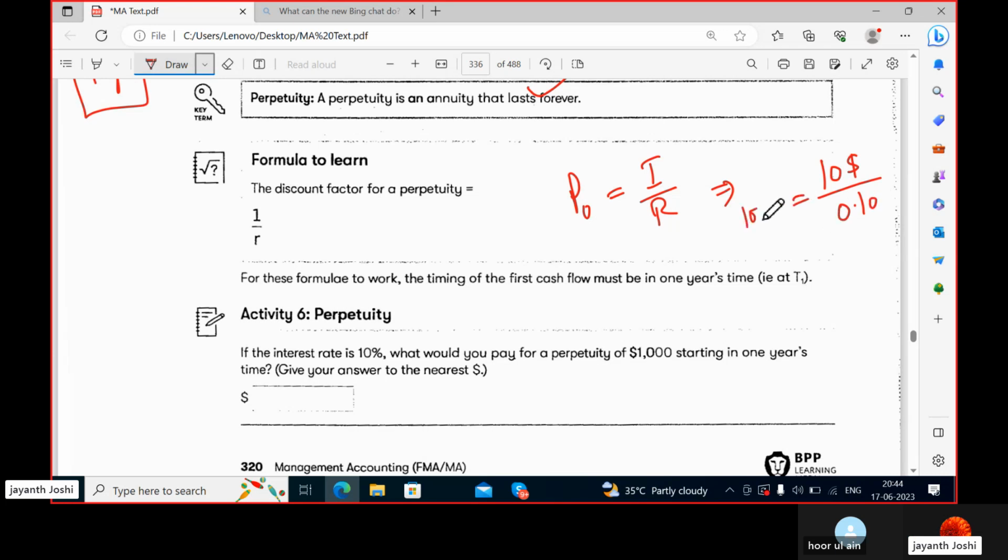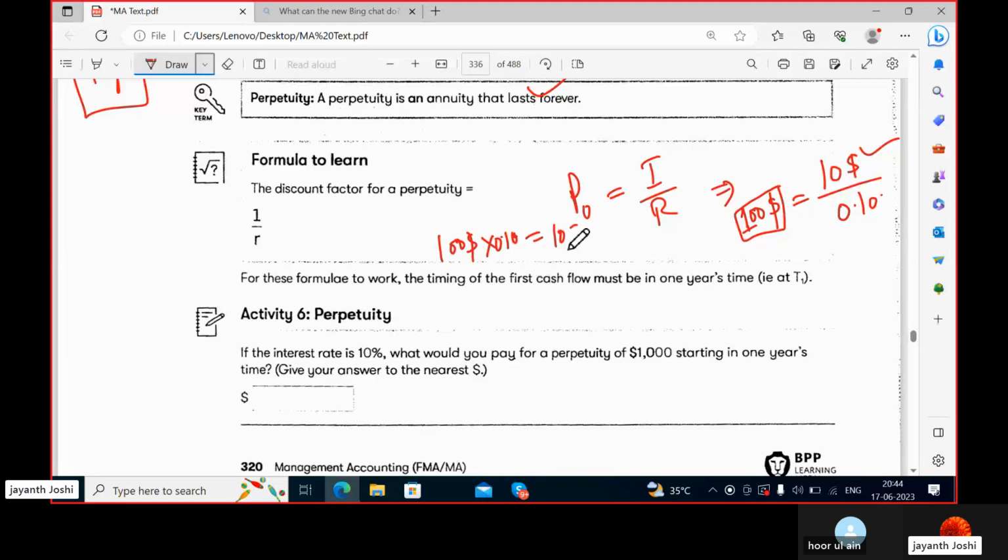So the value of the bond will be $100. That means if anyone has invested $100 in British Telecom, they will get $10 every year at the rate of 10%. If you want, you can do some cross multiplication. $100 into 0.10, that is 10%, is definitely equal to $10. So these are the perpetuity payments.